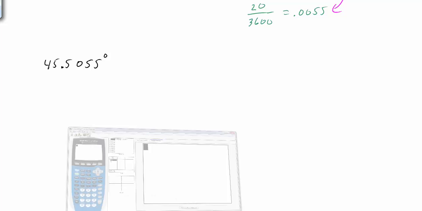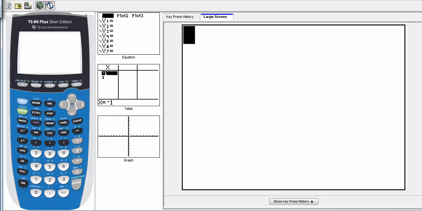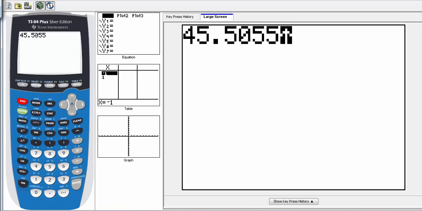So going to the calculator here for the 45.5055, we would type in 45.5055, and then you're going to hit your second function key, and then here at the top of your screen it says apps, it says angle.